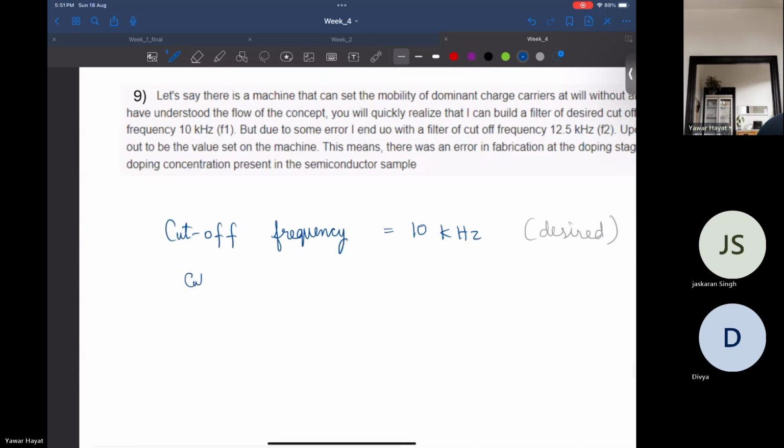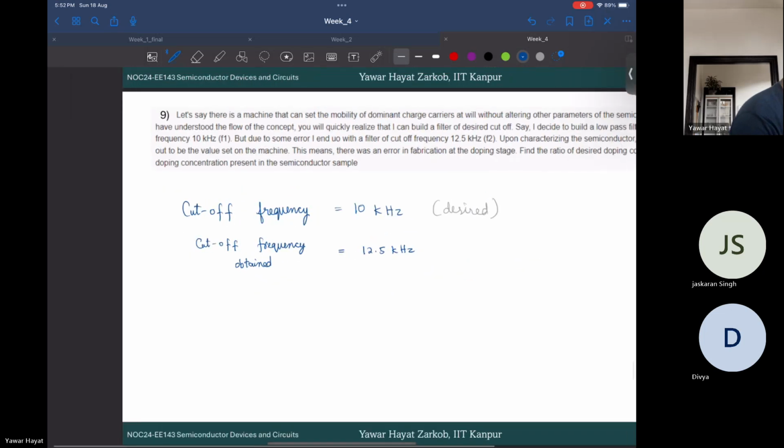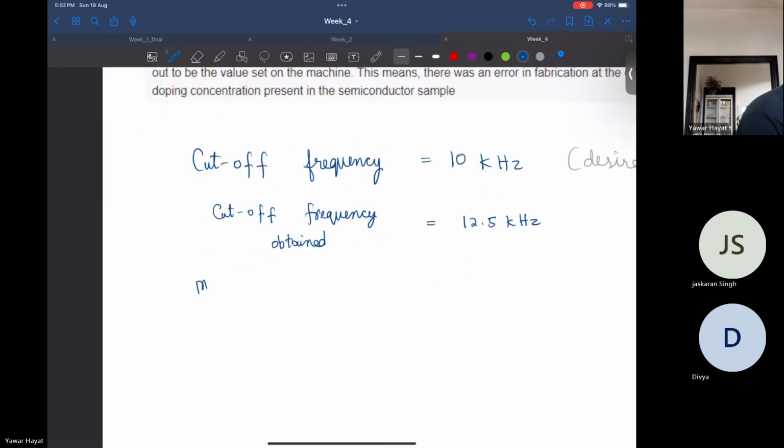But the cutoff frequency obtained is equal to 12.5 kilohertz. Mobility is as desired, right, from characterization.